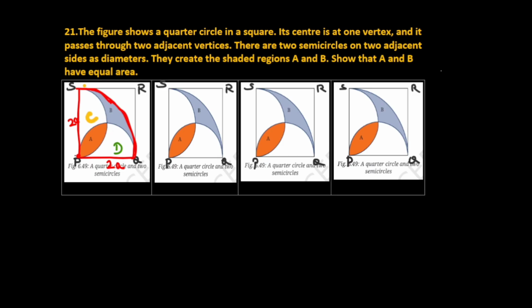Now what is the area of this quadrant? This is the quadrant with radius 2a. So area of quadrant PQS is equal to 1 by 4 pi r squared, the formula for the area of a quadrant, that is 1 by 4 pi, our radius is 2a, 2a the whole squared, equal to pi by 4 times 4a squared.